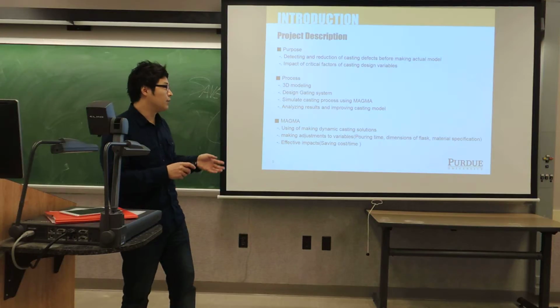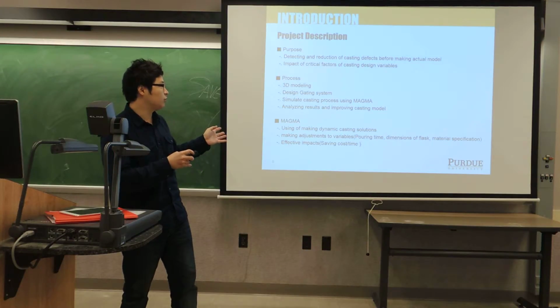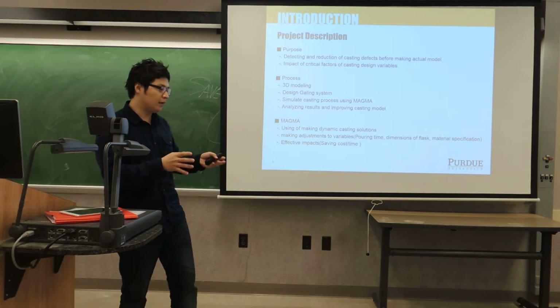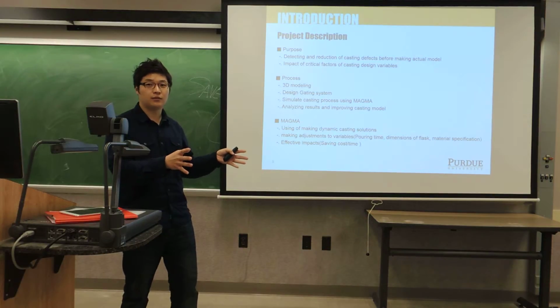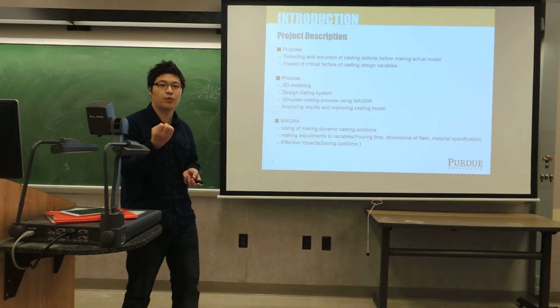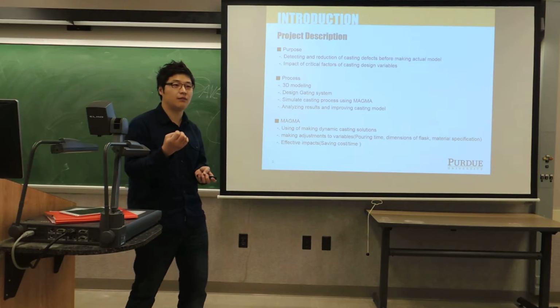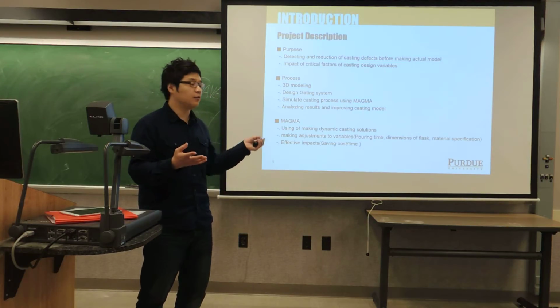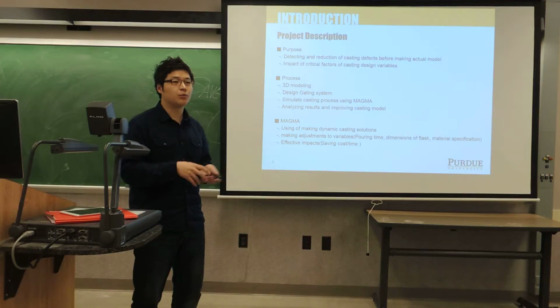Because without the computational simulation by the Magma program, if you made the casting product and found some crack or some porosity, some kind of metal casting defect, the already made product would end up in the trash.